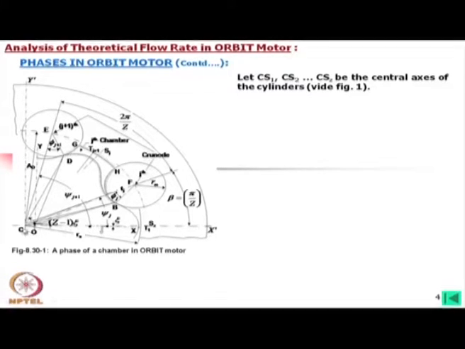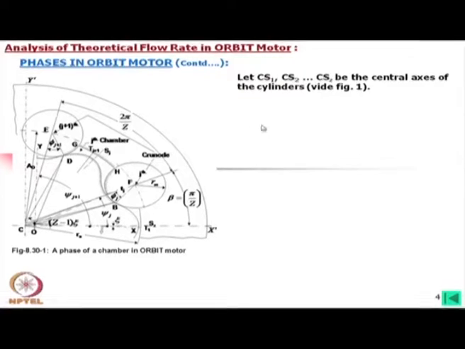So, from C, the center of the envelope, to the center of a chamber, we designate it as CS. According to the number of chambers, we have numbered the chambers S1, S2, S3 etc. Here I have mentioned a jth chamber, any jth chamber, but with respect to the figure I have drawn, we should say this is chamber 1.